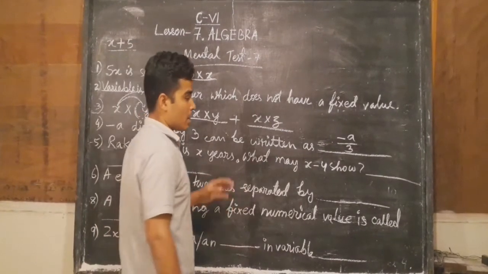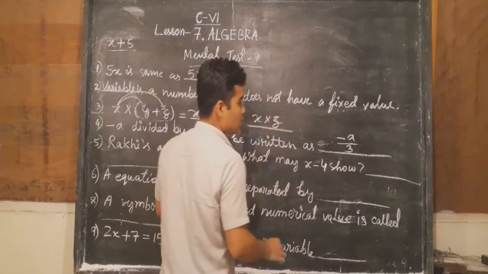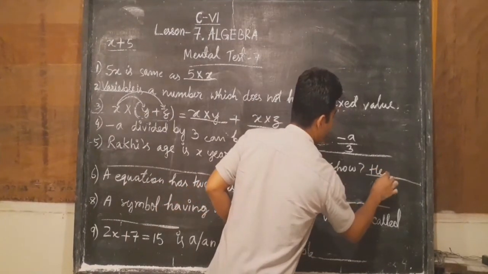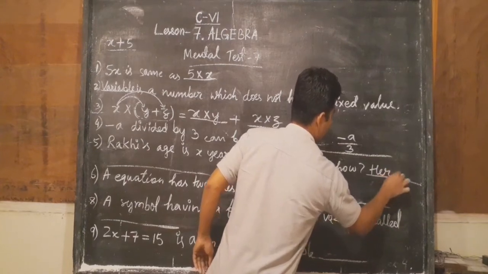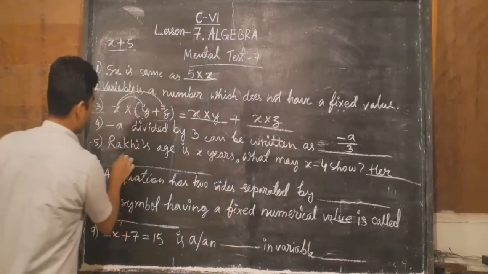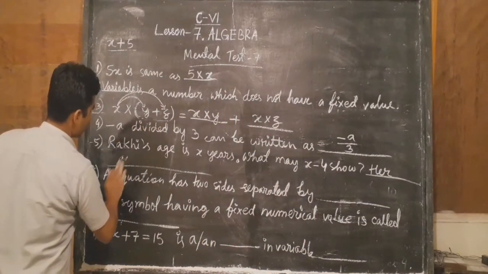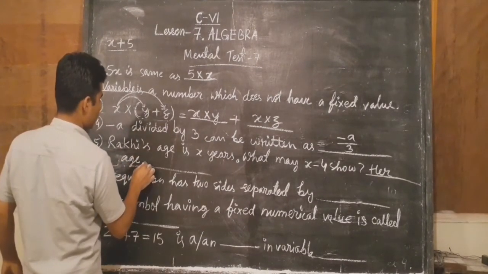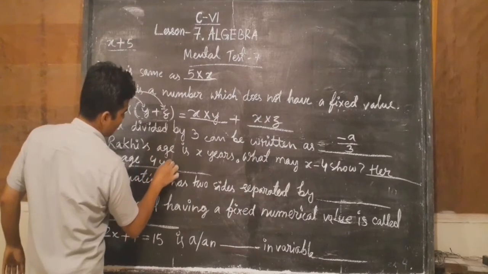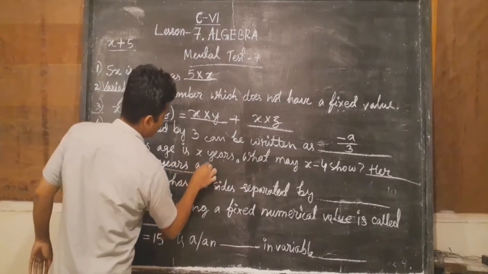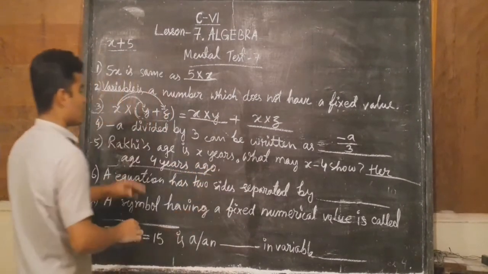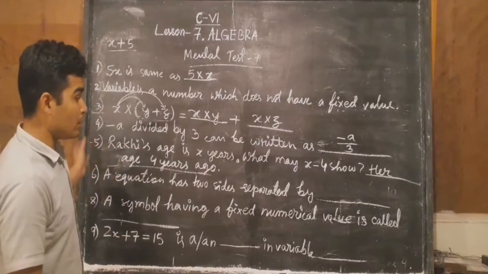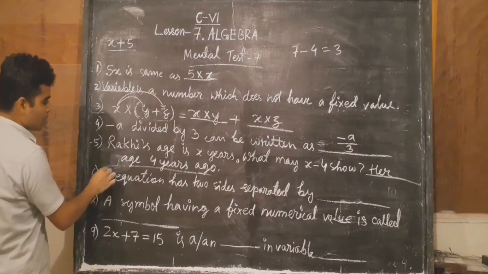That means her age is 4 years less. That is her age 4 years ago. So 4 years ago, what was her age? We will find it. Now let us move to the next question.